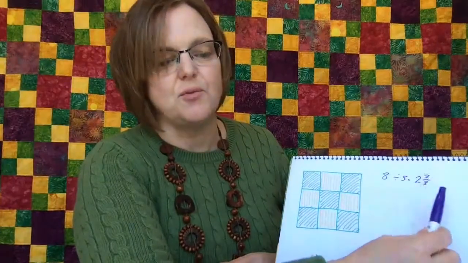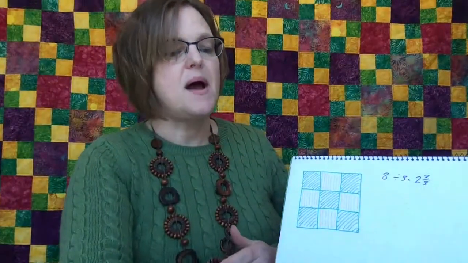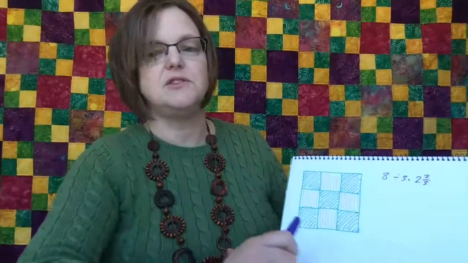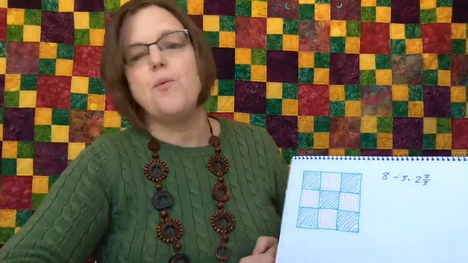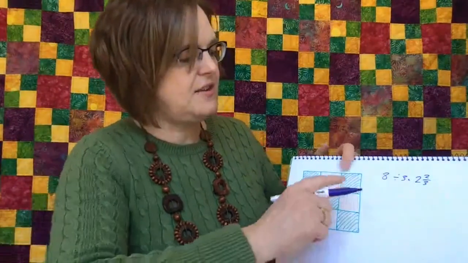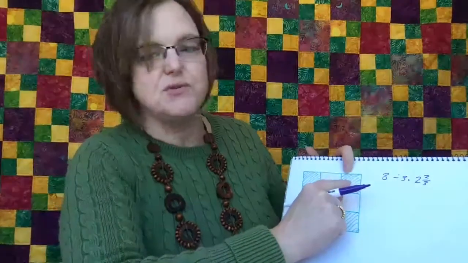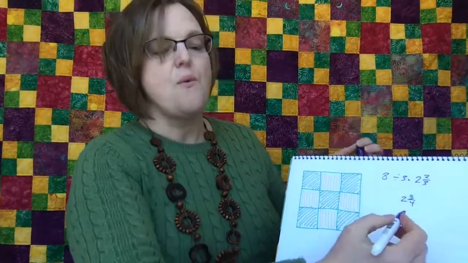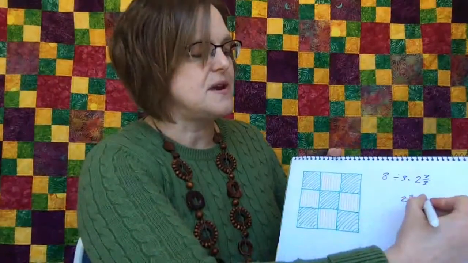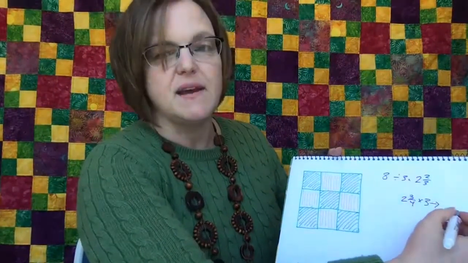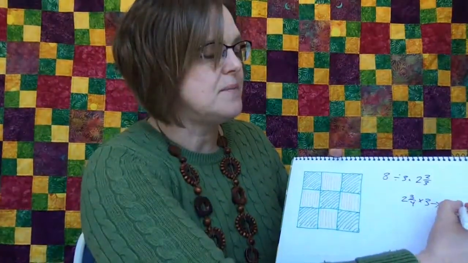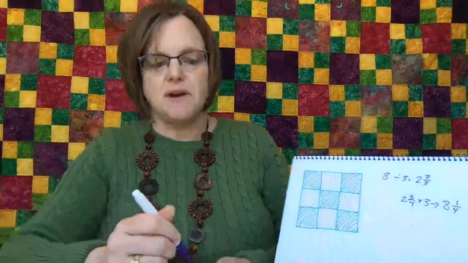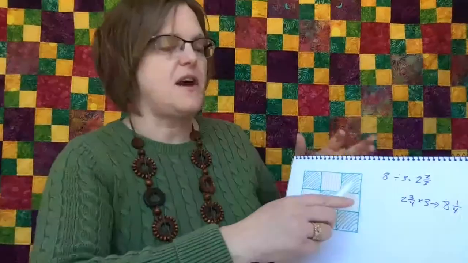So what if, instead of having 2 2/3, what if we made these small squares 2 3/4? Well, when you multiply that by 3, then you would get 8 1/4. So you might want to think about, instead of having an 8-inch block, you could have an 8 1/4-inch block. It's almost the same size, but it makes the math so much easier.